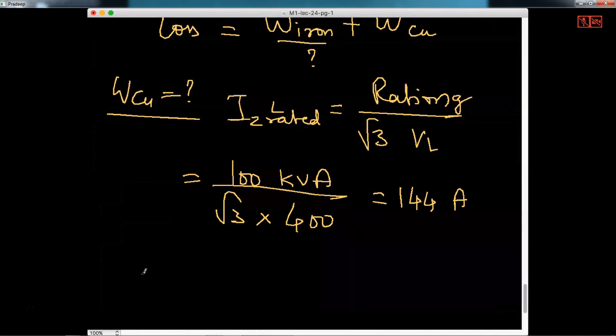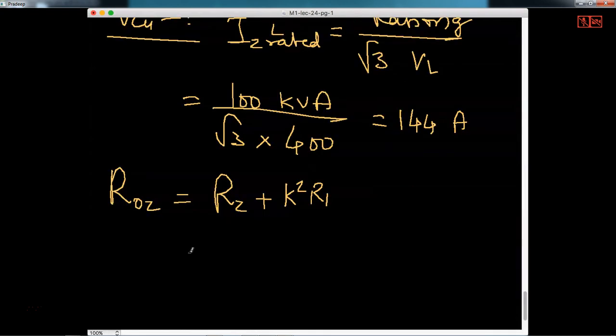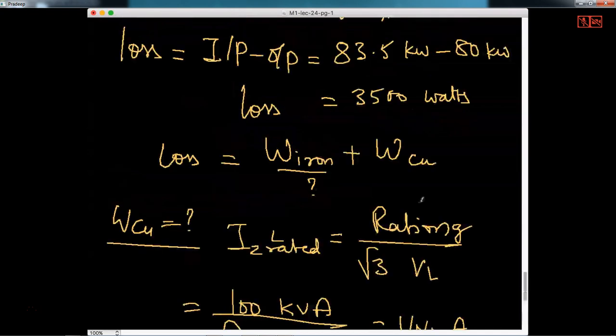So what is R2? R2 is given in the question, it is 0.037, plus K square. So what is K? K we haven't found out yet. And R1 is given as well, in ohms.